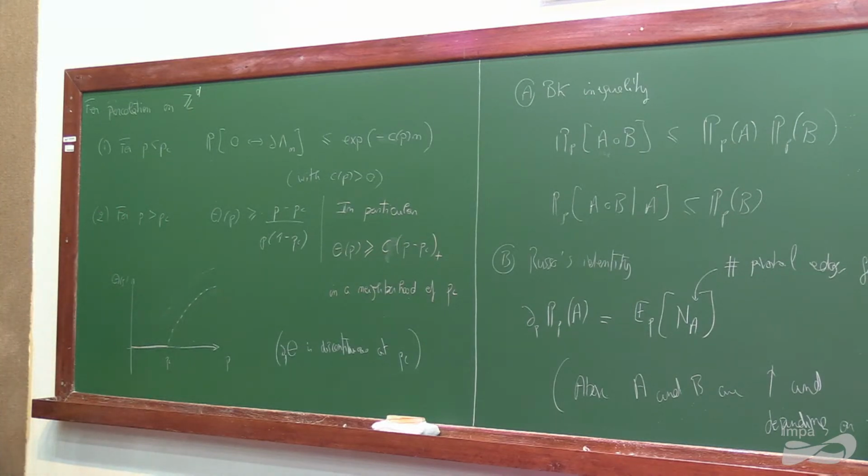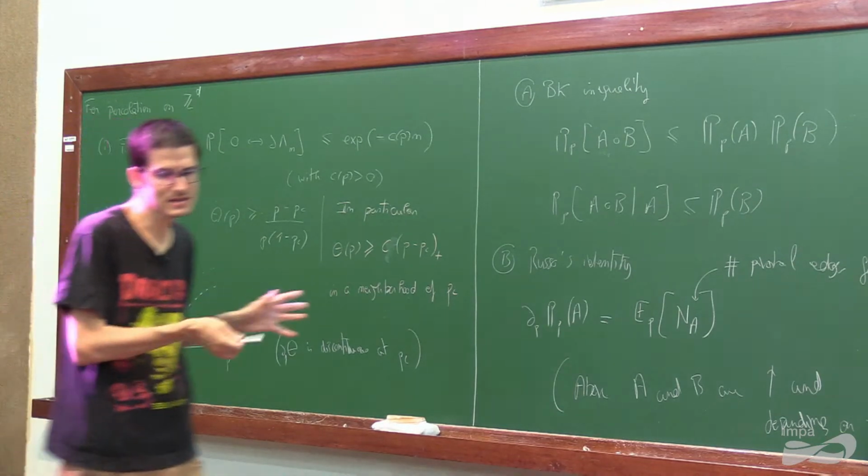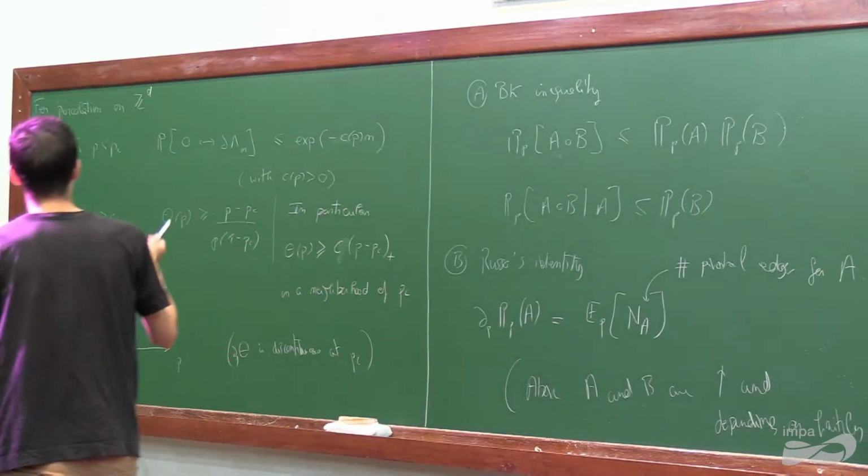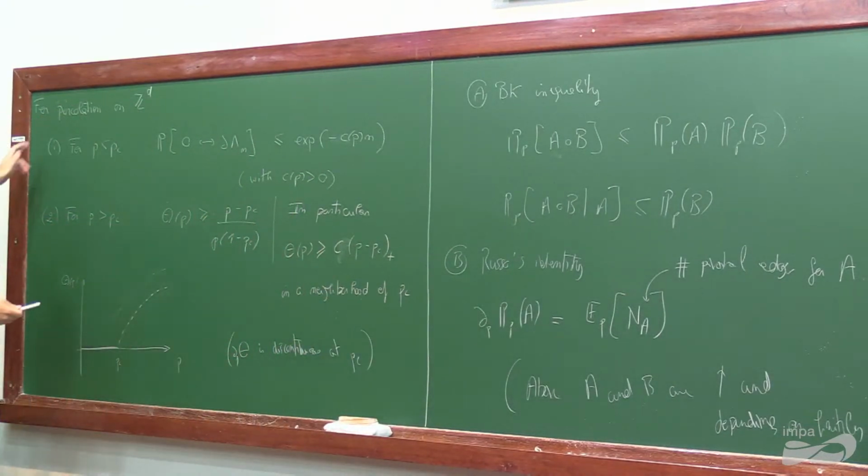And then we will see that if this result is valid for some p_c tilde, then p_c tilde must be equal to p_c. Let me introduce who p_c tilde is. Let me show you what we are going to prove, and then we will see that readily this implies these two things.